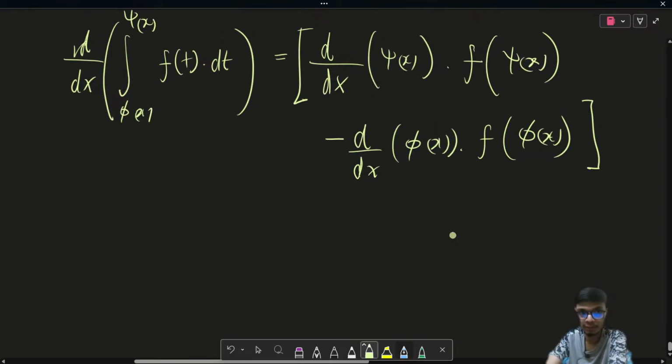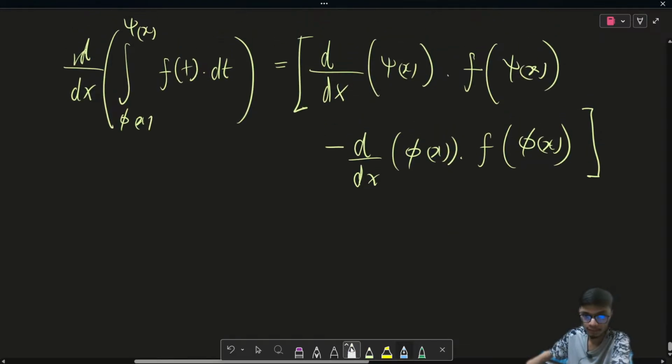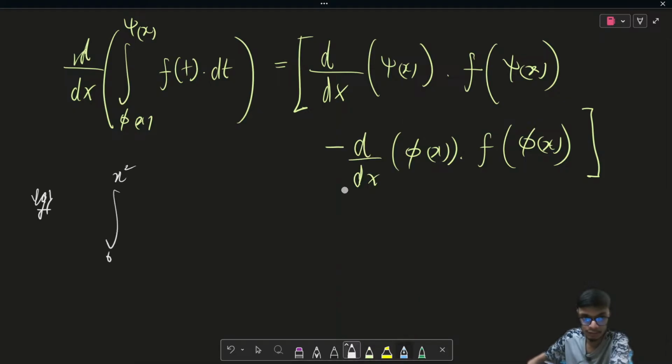Let me take a very simple problem to illustrate. Let us say I have the integration from 0 to x square of cos t square dt.